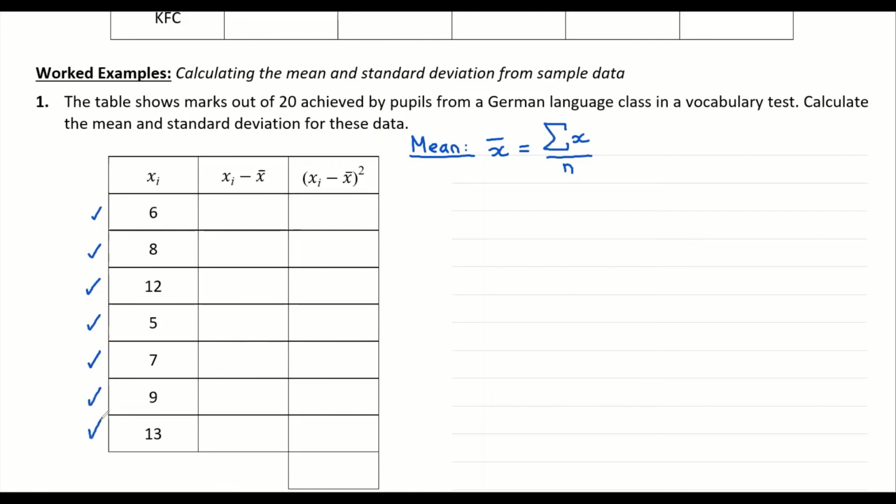So I know that my n is equal to 7. That's good news. And then when I add it all up, what do I get? 6 plus 8 plus 12 plus 5 plus 7 plus 9 plus 13. And then we're going to divide all that by 7.